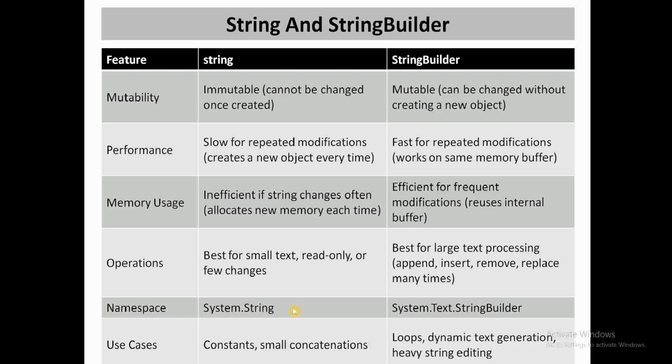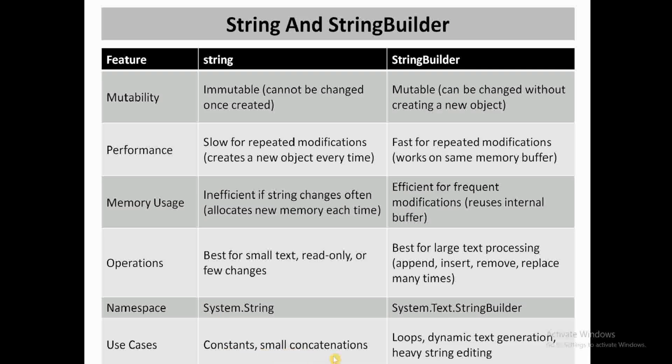Namespaces. If we want to use String, then we have to include the System namespace. Next one is StringBuilder. If we want to use this one, we have to add the System.Text namespace. And its use cases: String is used in constants and small concatenations.